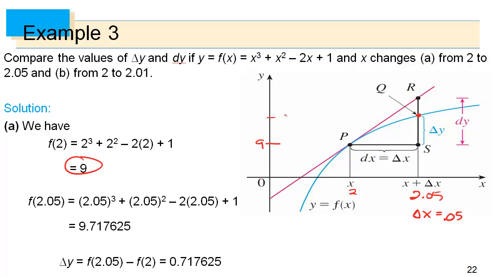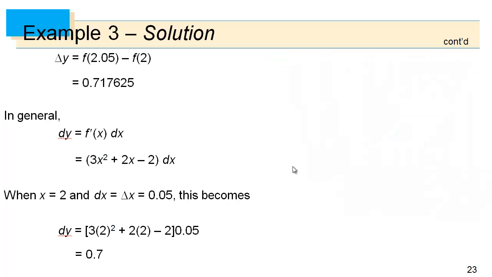And that's the 9.717625 that we get from here. And so the change in y, this distance here, is literally the difference between those two. And it's very simply 0.717625. Okay, that's delta y. That's the change in y on our actual function, which I wrote here to remind ourselves.